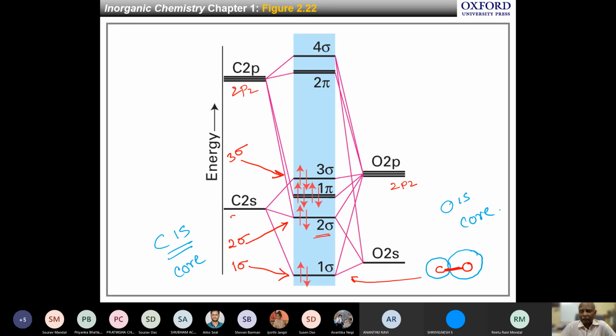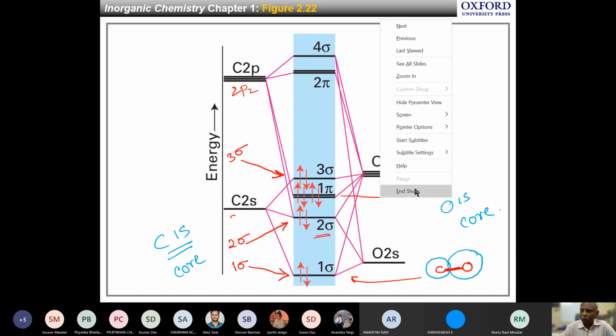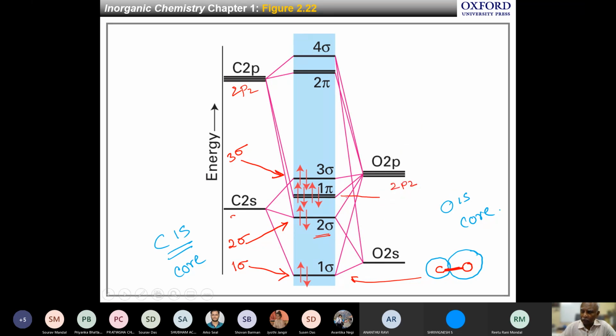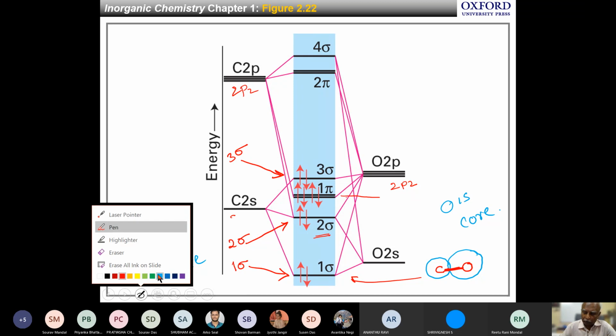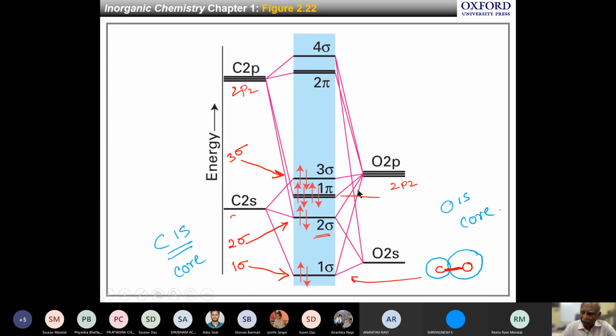But pi, on the other hand, is perpendicular to the sigma. So there are 2 pi orbitals, but that's the first pi orbital in the molecule. I think I should use a different color to indicate that. This is a first pi orbital, and that is perpendicular to the sigma, and it's orthogonal.